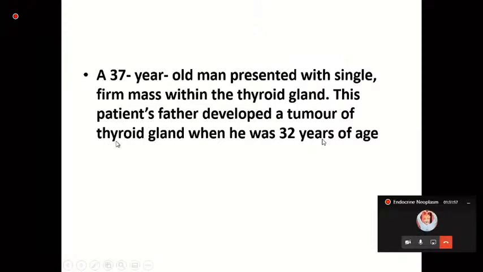Which type of tumor do you think has a family history? Medullary carcinoma. We said it is familial. Remember, RET gene.